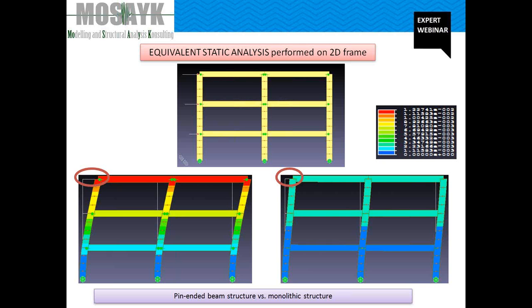We have to remember that in the finite element code, the stiffness matrix depends for sure on the Young's elastic modulus, the inertia of the section, the length of the element and the area of the section, but also on the degrees of freedom. Could be fixed or simply supported or hinge, and these change the global behavior of the building itself. So the left frame is absolutely again more flexible than the right one, the fully continuous one.